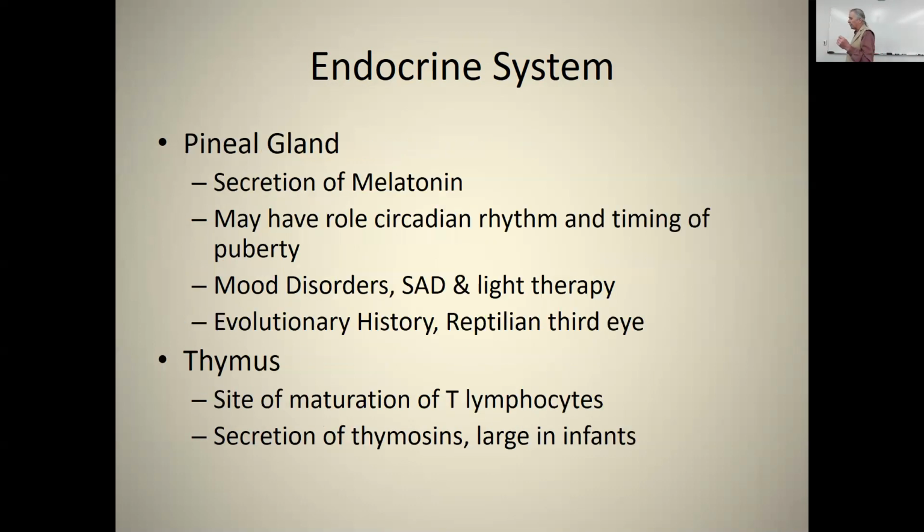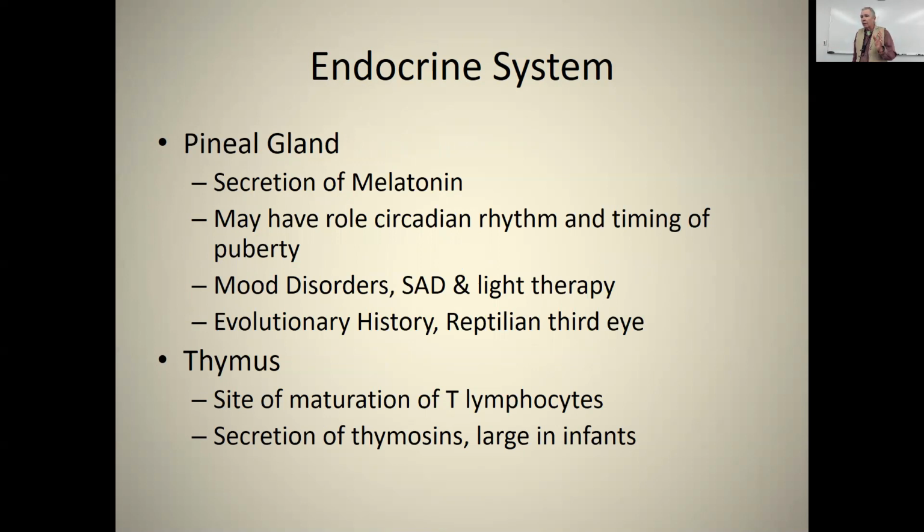Okay, pineal gland. This is a neuroendocrine tissue. It's a gland right in the brain. It's a brain structure. It secretes something called melatonin, and this has a role in what's called circadian rhythm.